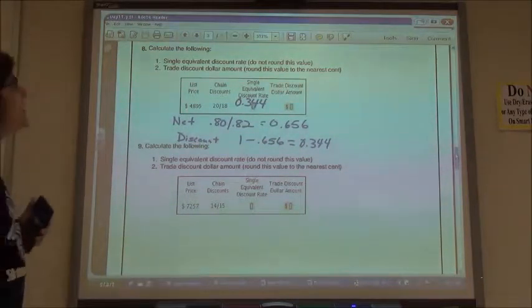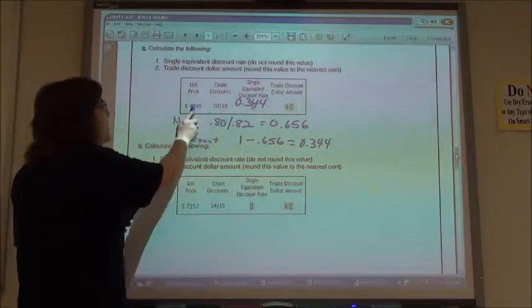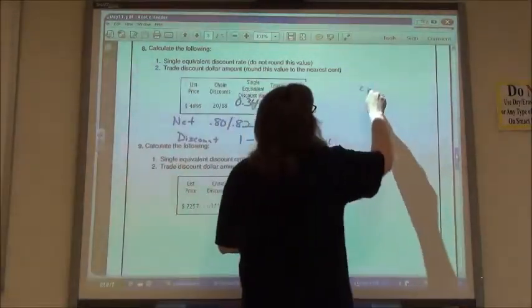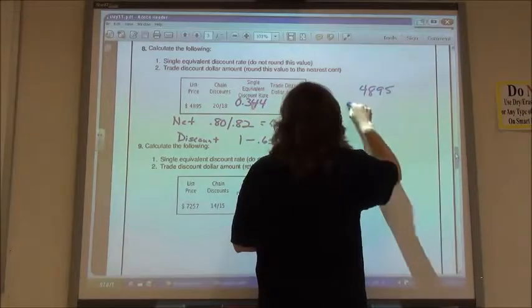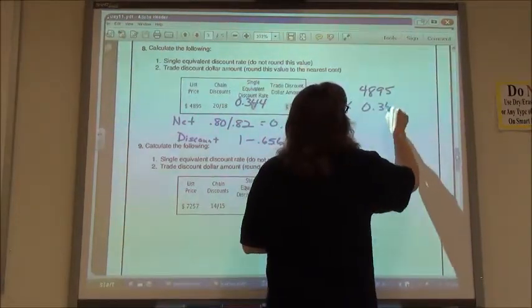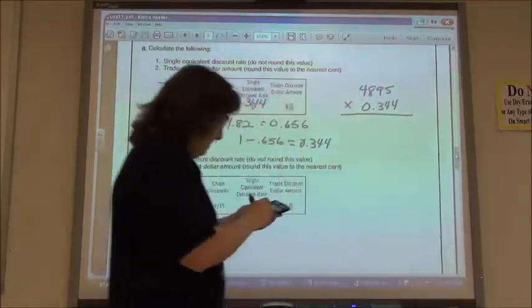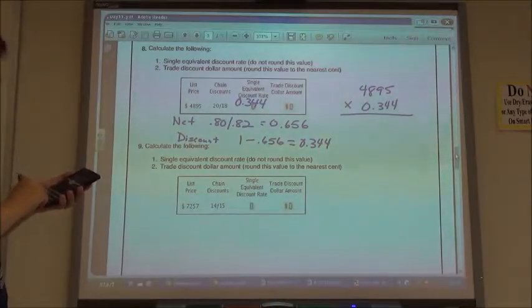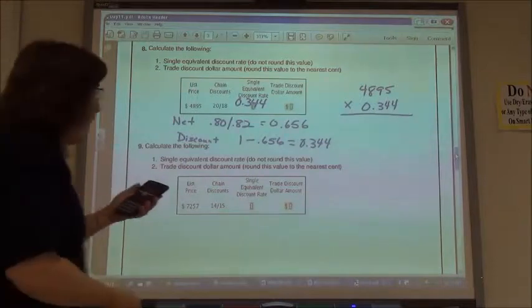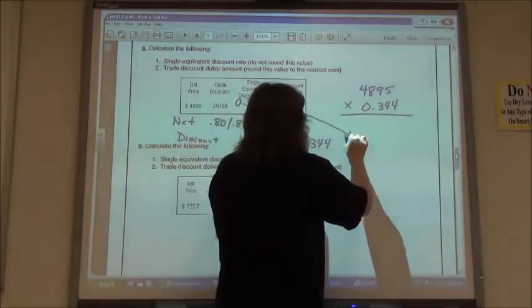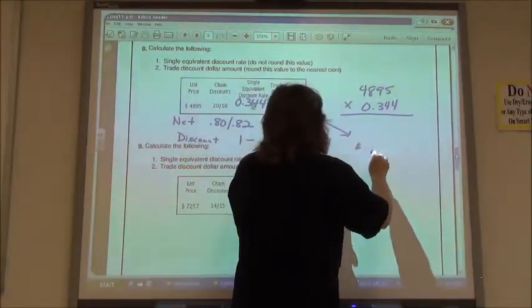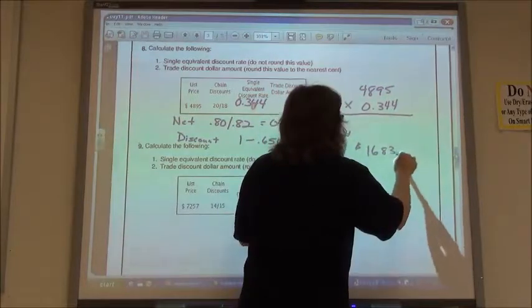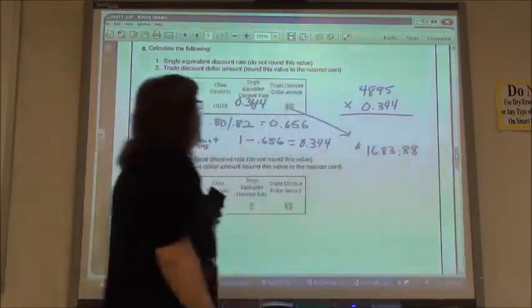In order to find my discount amount directly then, I'm going to take my list price, $48.95, times the 0.344. And so my answer, my discount amount is $1,683.88.